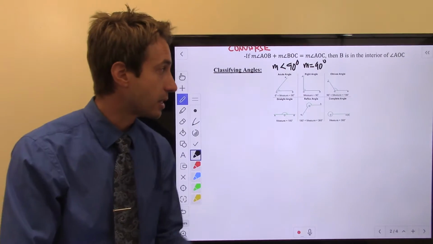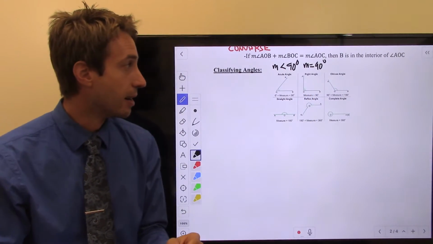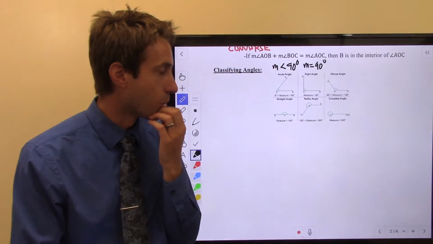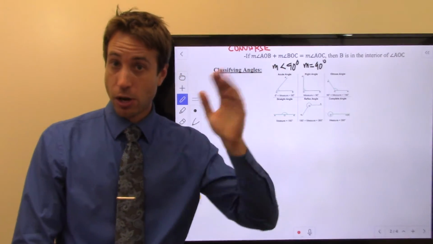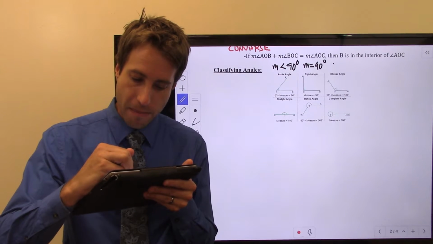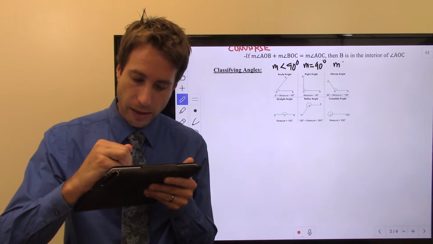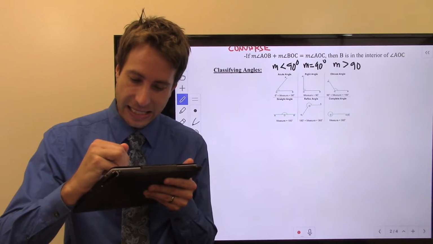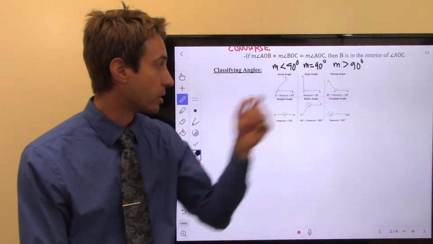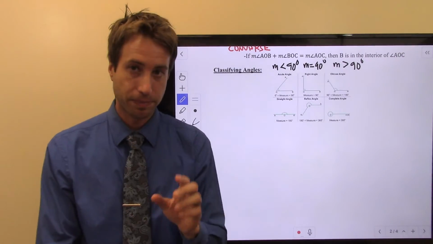Again, if you've got the notes sitting in front of you, it says that right there. If you don't have the notes in front of you, I'm writing it a little bit bigger so hopefully you can see it. I know that's kind of small. So acute, a right angle, an obtuse angle is going to be where the measure is greater than 90 degrees, right? It's past 90 degrees. That's going to be obtuse, all right?